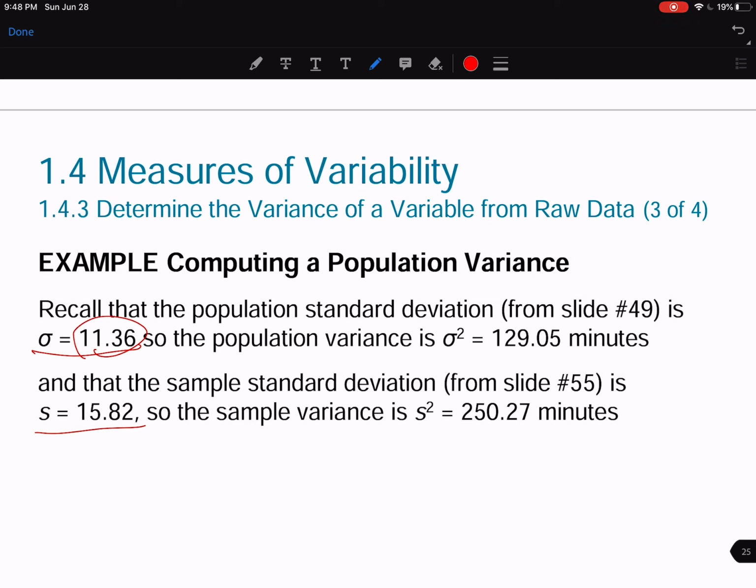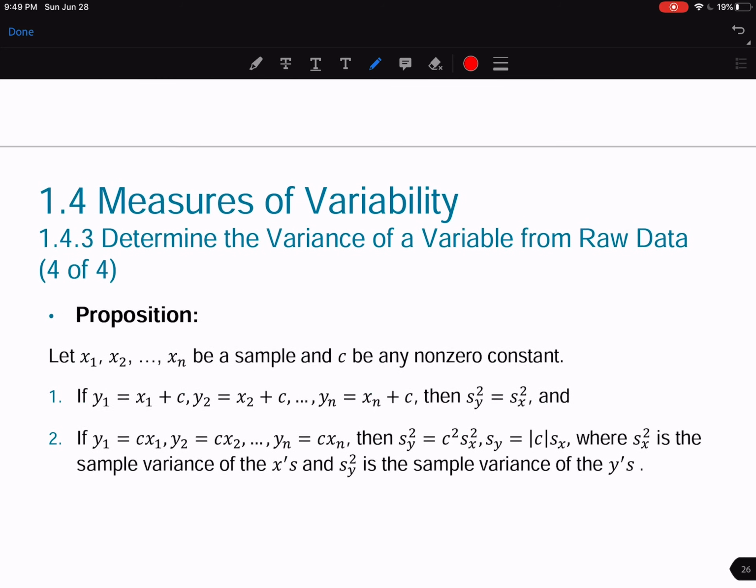Sigma squared is equal to the square of 11.36, which gives us 129.05. Similarly, the sample variance is equal to the square of the sample standard deviation, so this is equal to 15.82 squared. Of course, it's approximate, since it is rounded to 2 decimal places. So that's pretty much how to calculate the variance.